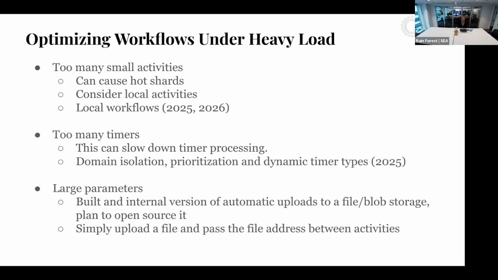So in any key value store, when your row size is too big, it is going to impact its performance. But as the Cadence team, we want to take as many overheads from you as possible, so you wouldn't even think about this. So internally, again, we built something about this that will automatically upload your parameters to a blob storage or a file storage.